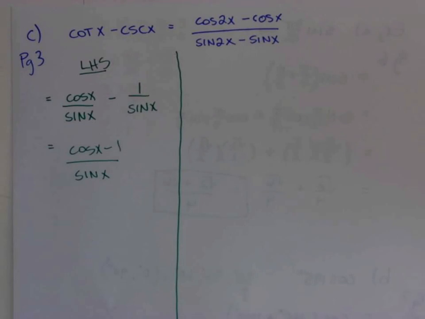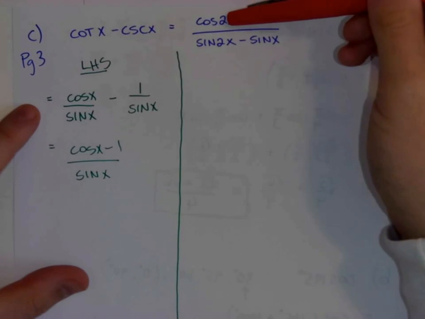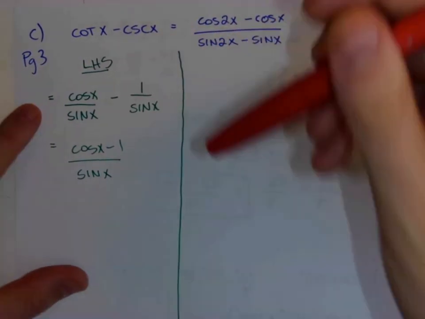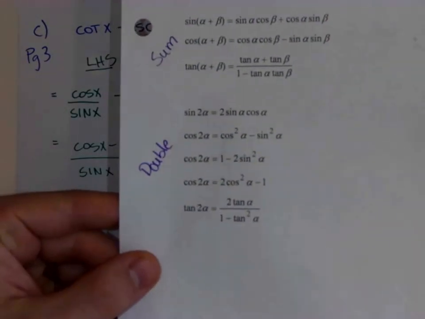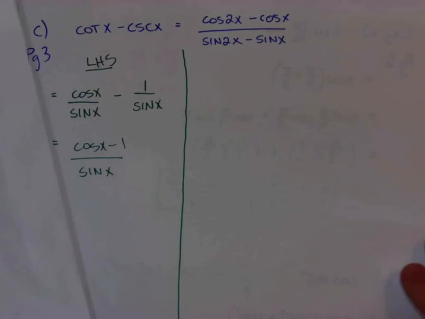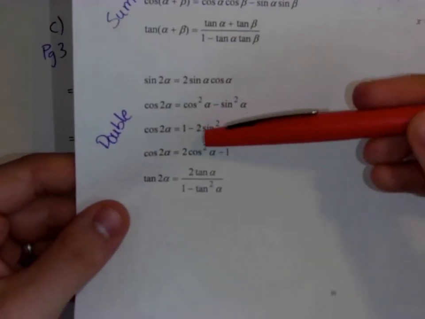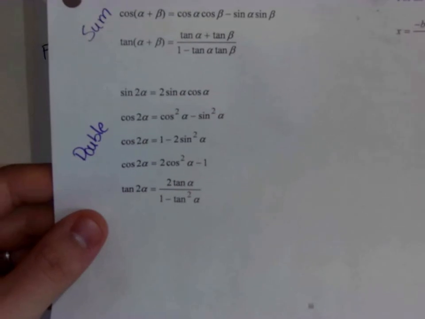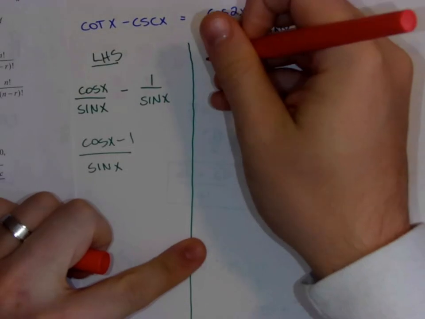Maybe we need to deal with it a little bit more later, but for now I'm just going to leave it as is. On the right-hand side, yes, I have sine and cosine, but if you notice, I have cos double x, sine double x, which means when I get my formula sheet out, I have double angles that I can use. Let's take a look at the denominator first, because you may notice that cosine has 3 options, and it might be better for us to pause for now and wait to decide what is our best course of action for the numerator.